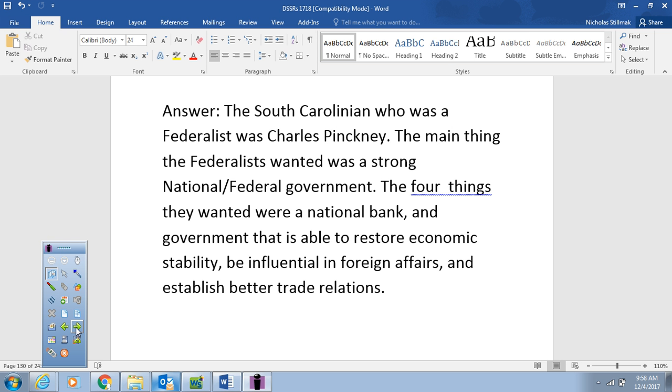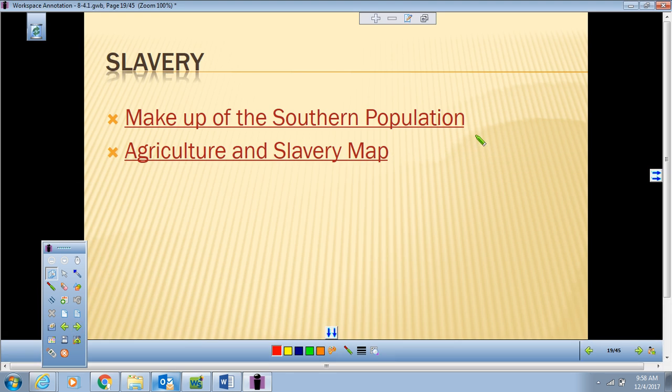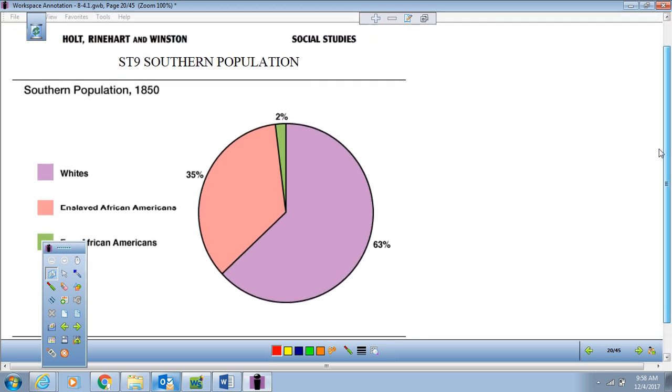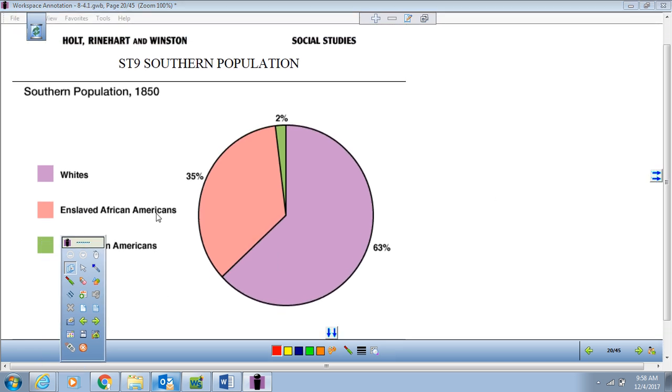Now, as you probably know, most of the South is based on slaves and plantations. I didn't show you this map because I didn't pull it up in your class, but there's two things here. One is the makeup of Southern society.